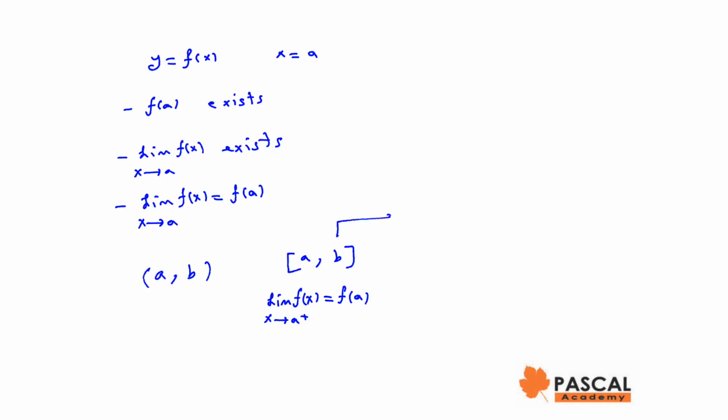We say f of x is continuous from the left side similarly, when at b, the left side limit and f of b are the same. We say the function y equals f of x is continuous on the closed interval a to b if it is continuous on the open interval, continuous at a from the right side and at b from the left side.